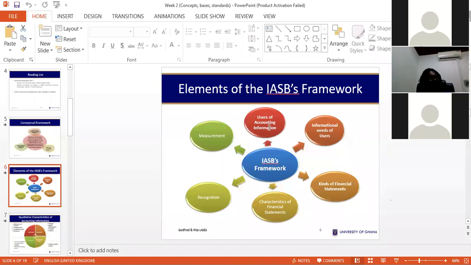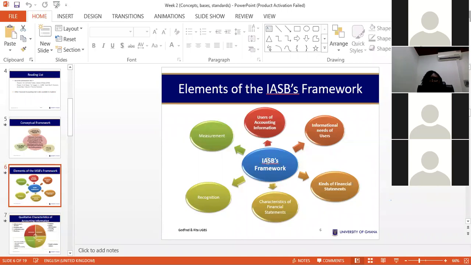In that framework, the first point is that the users of accounting information have been clearly stated. Okay, we've learned that we have internal and external users in our lectures for week 1. And I'm sure most of us can easily identify who internal users are and also list and name those who are the external users.